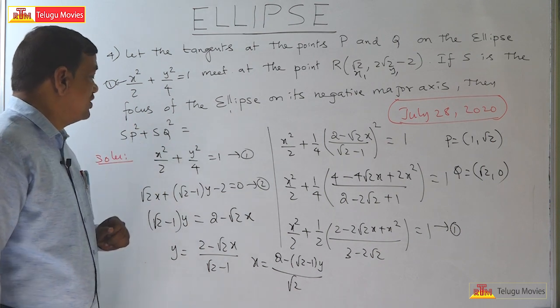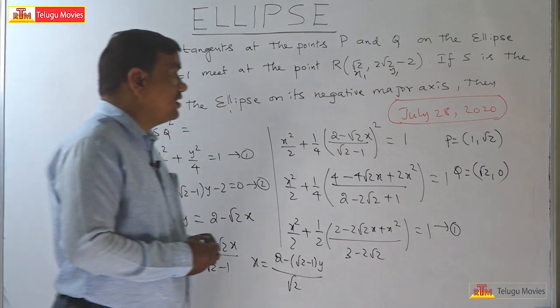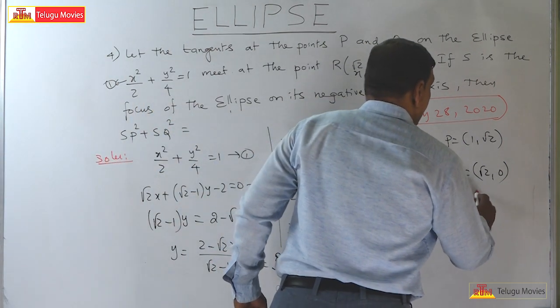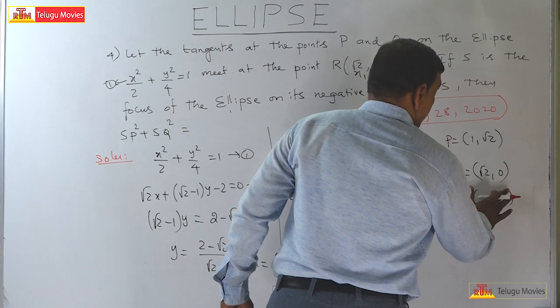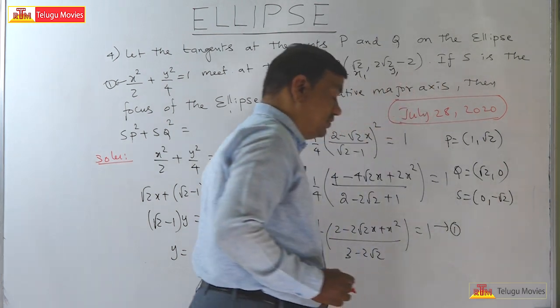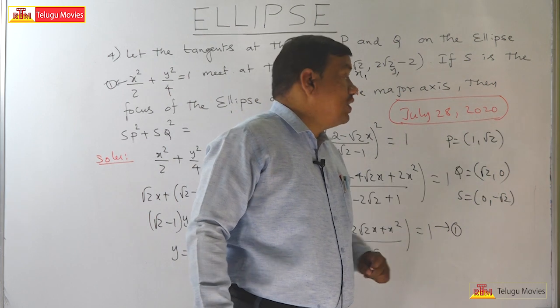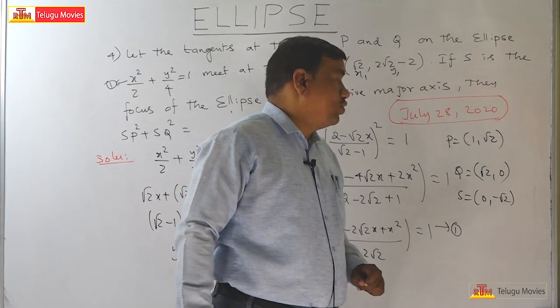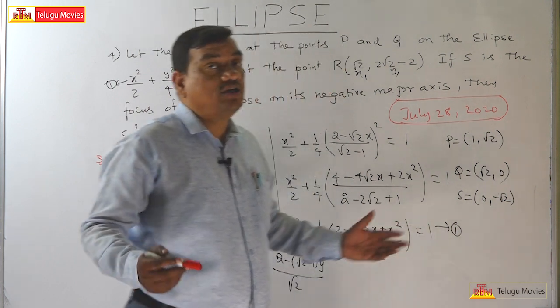So let us find out SP square plus SQ square. Already we got the S value, 0 comma minus root 2. Upon solving these equations we got P as 1 comma root 2, Q as root 2 comma 0, and already we know that S is 0 comma minus root 2.